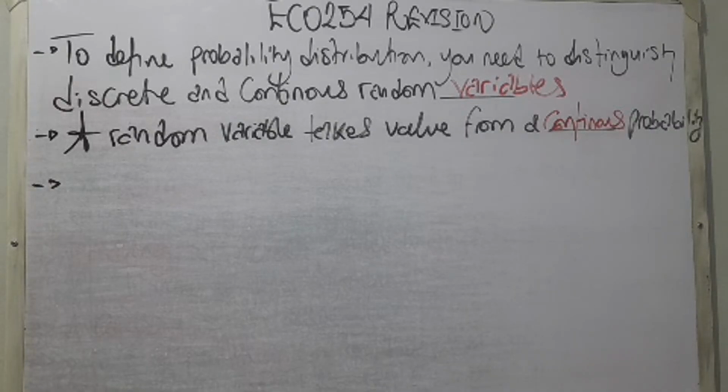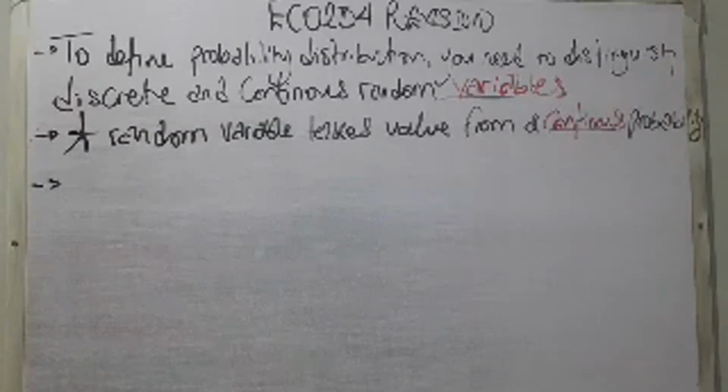a discrete probability distribution is characterized by a probability dash function.